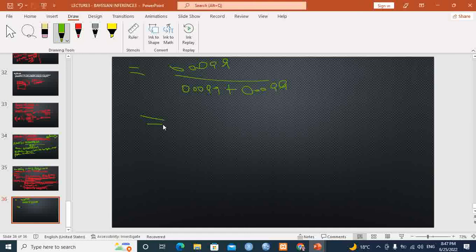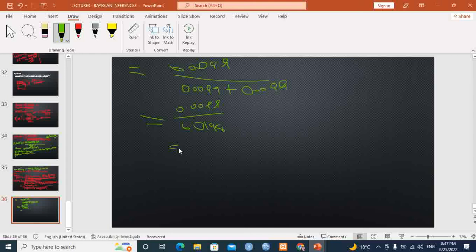So we are getting 0.0099 divided by 0.0198.